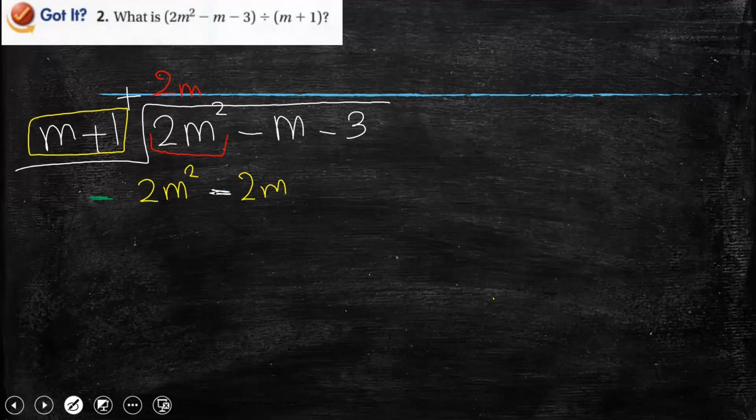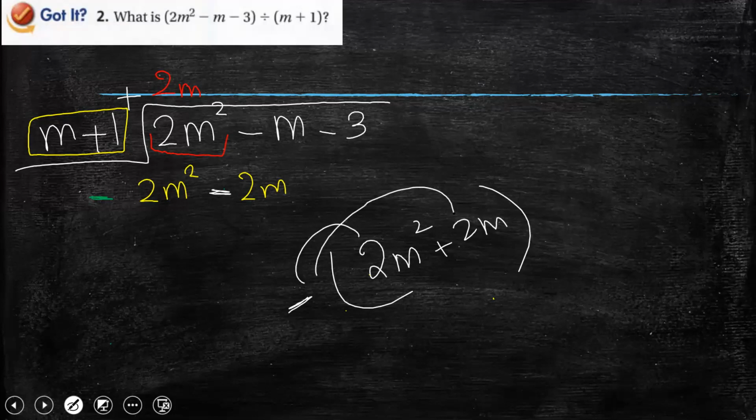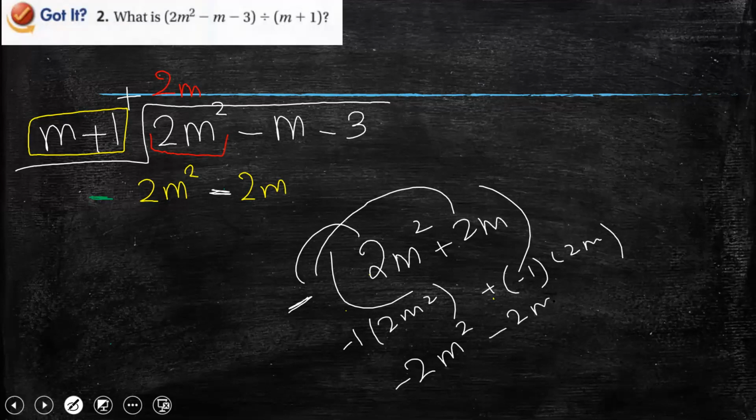If it's minus, it becomes plus. When you subtract, that means you multiply negative 1 by 2m squared plus negative 1 by 2m, to distribute the negative sign. So you get negative 2m squared minus 2m.